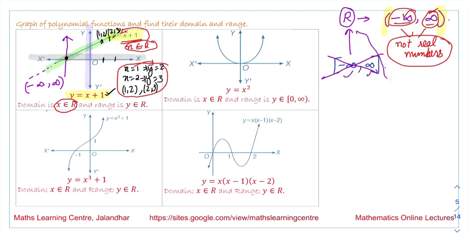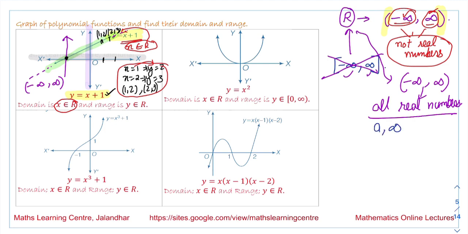So whenever we write minus infinity to infinity with open brackets, it means we are talking about all real numbers. Similarly, suppose I am talking about a comma infinity. It is closed at a, open at infinity. This thing is fixed, that whenever we are writing infinity or minus infinity, this interval is always open in your case.